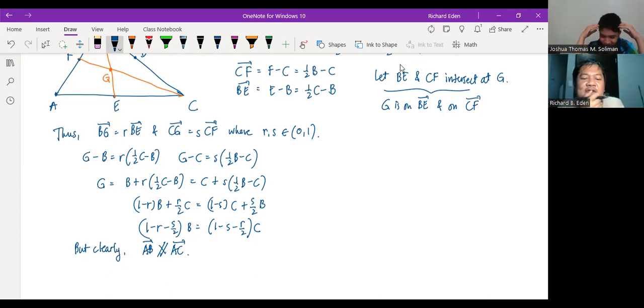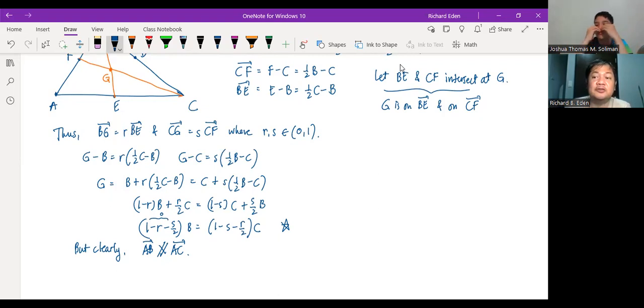Okay, so the only way that this equation star could hold is if the coefficients are 0. All right, because if the coefficients are non-zero, then that would mean, halimbawa, even if ito lang nung 0, but then on the other side, well, 1 minus S minus R over 2, dapat 0 din siya.